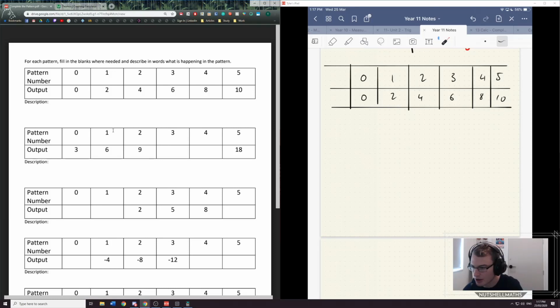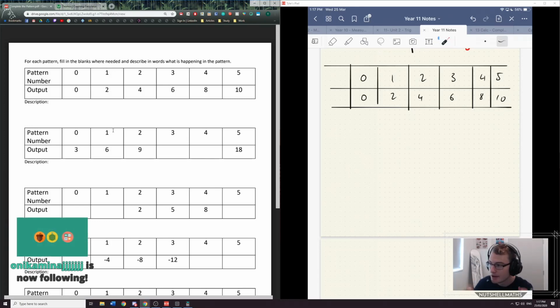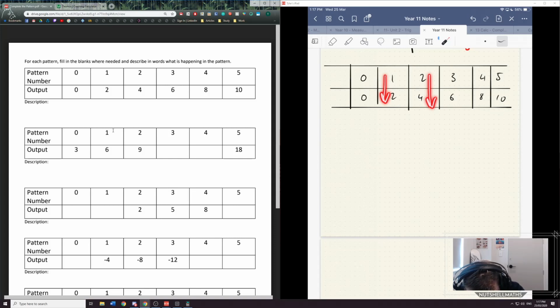I got some good comments in there. Kelpie's onto it. We got a +2 and a ×2 in the chat. You're both kind of right. The ×2 is probably referring to the relationship between the numbers this way. But what I want to focus on is that between each of these you have +2 each time.